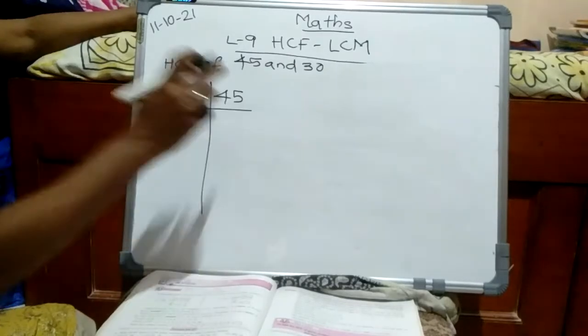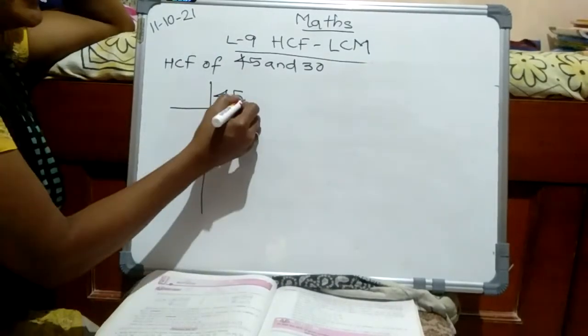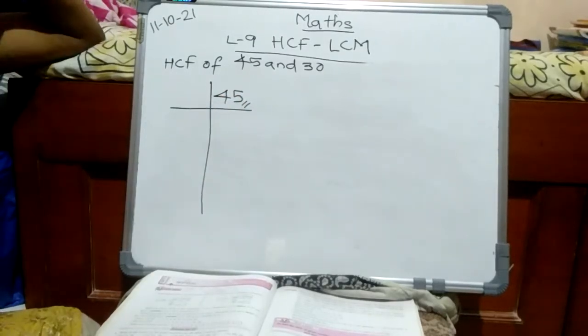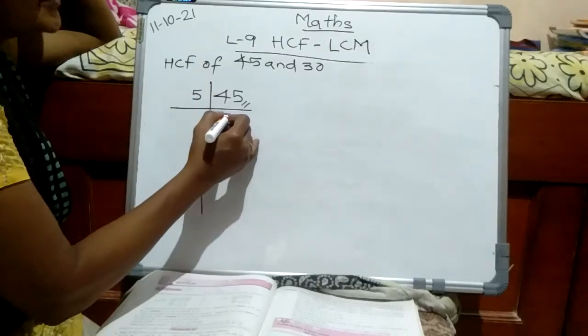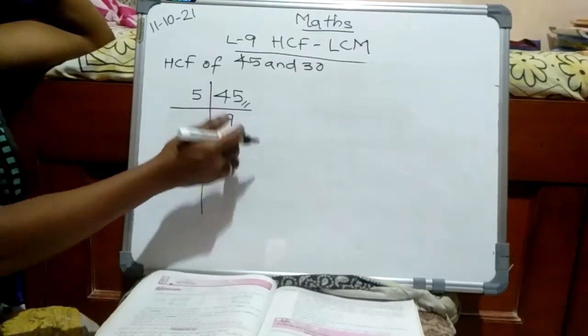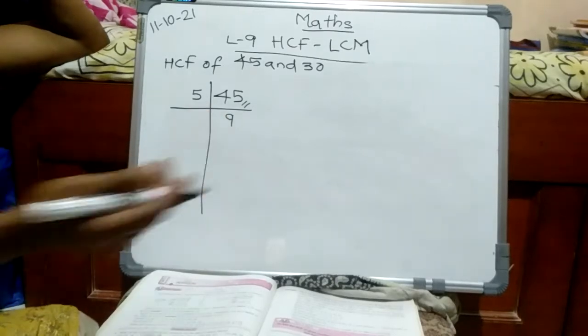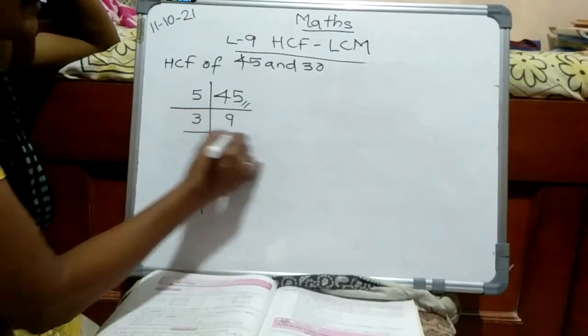You know, we have done the divisibility test. We know when the number has 5 in the unit place, that number is divisible by 5. So we will take 5. 5 nines are 45. Now this is 9, and 9 is divisible by 3. Okay, 3 threes are 9.